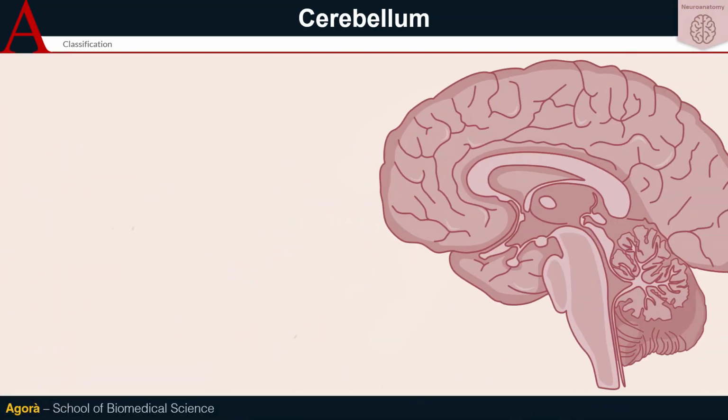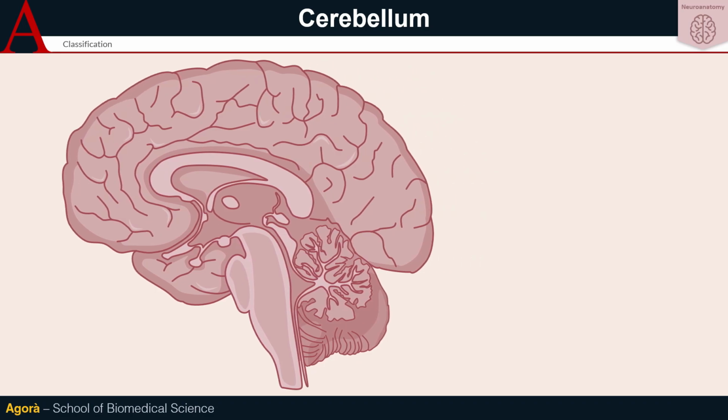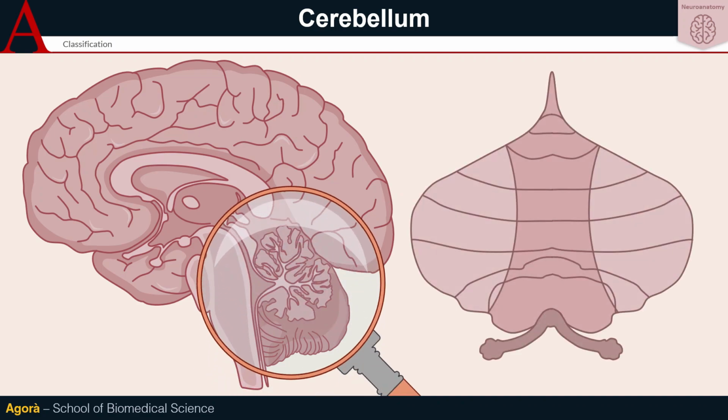To better understand the different territories of the cerebellum, it is helpful to classify them into archicerebellum, paleocerebellum, and neocerebellum, according to its evolutionary process. The archicerebellum is the oldest territory and corresponds to the flocculonodular lobe.